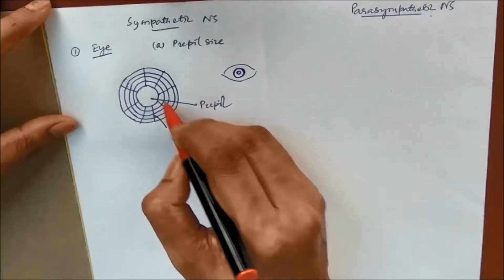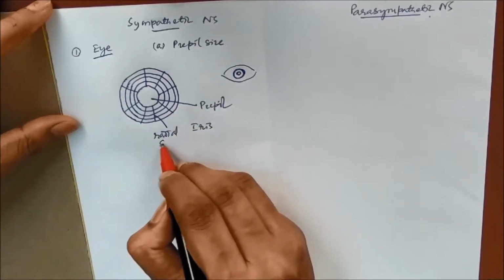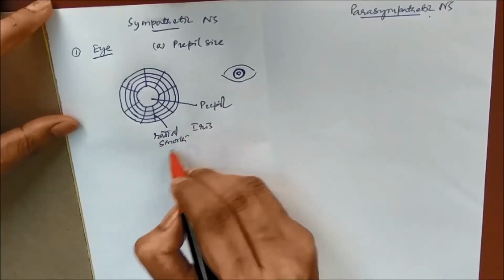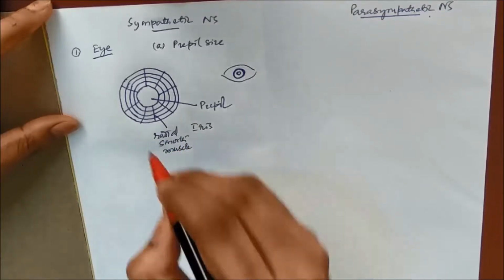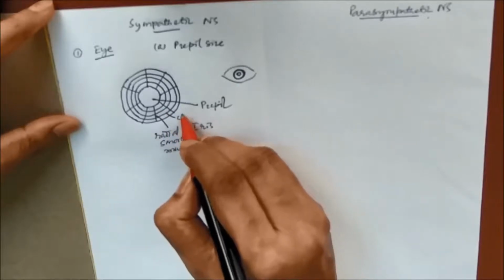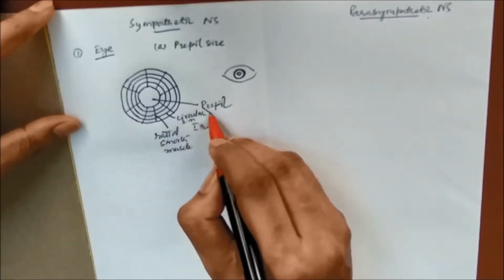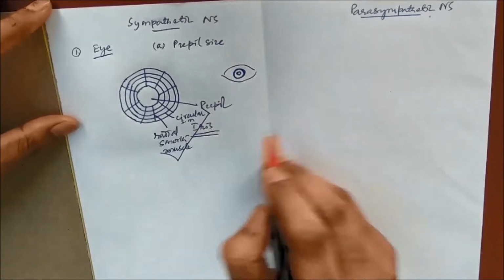One is radial, so it is called radial smooth muscle, and the other one is circular, so it is called circular smooth muscle. These two together make up the iris.